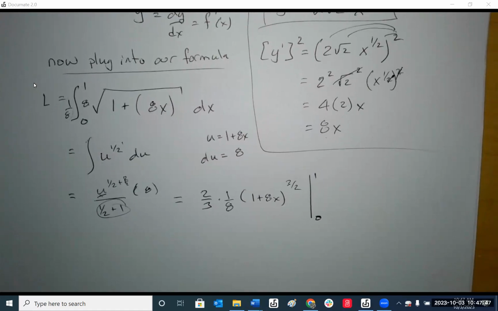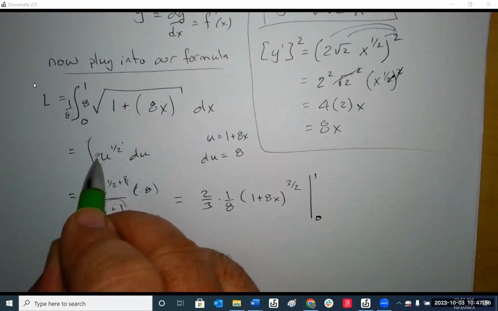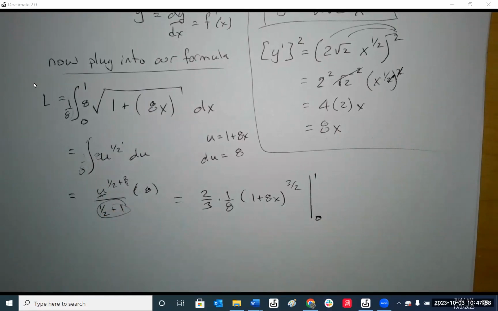That's our integral. And since we don't have an 8, we need an 8 there, so we have to put a 1/8 in front.